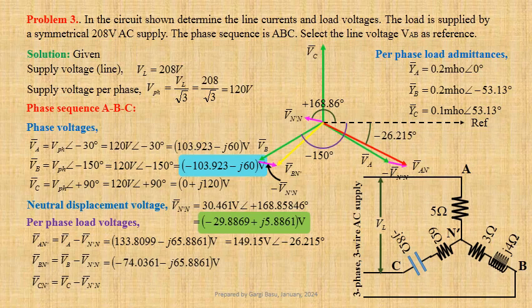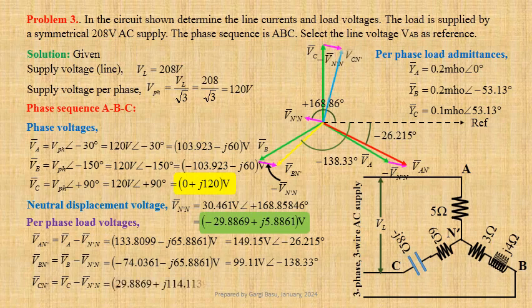In polar form, this may be written as 99.11 volt at an angle minus 138.33 degree, and VCN' equals 29.8869 plus j times 114.1139 volt. In polar form, this may be written as 117.963 volt at an angle plus 75.3236 degree.